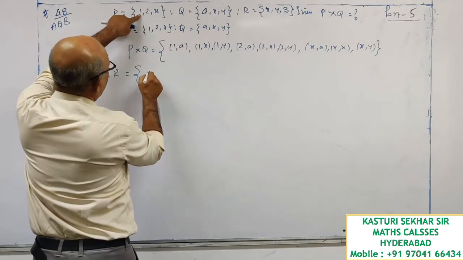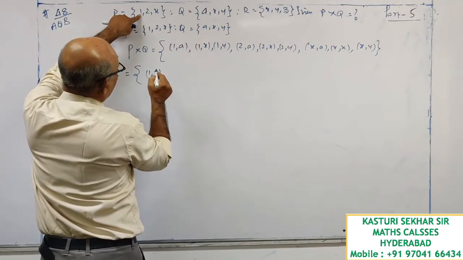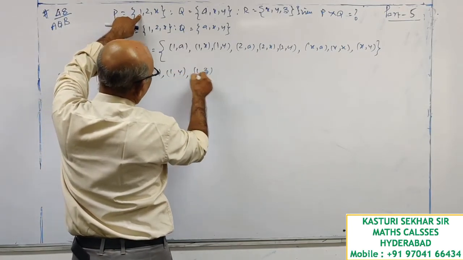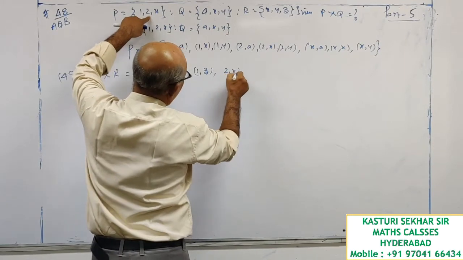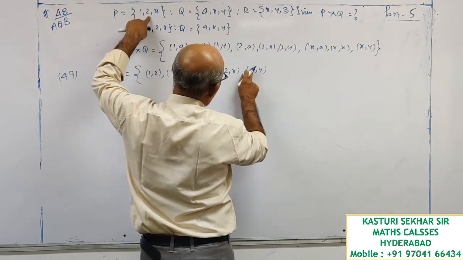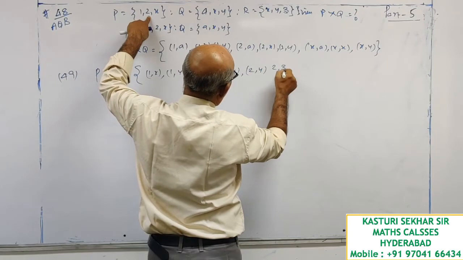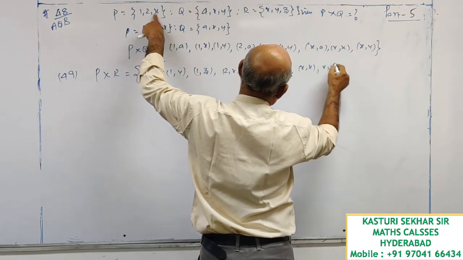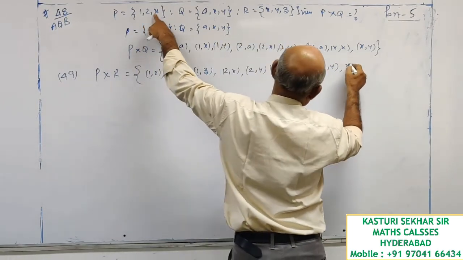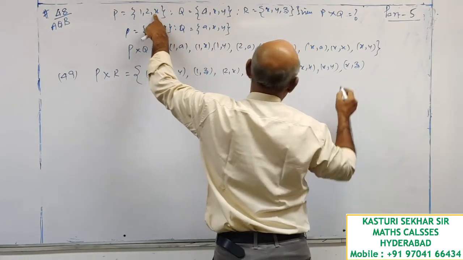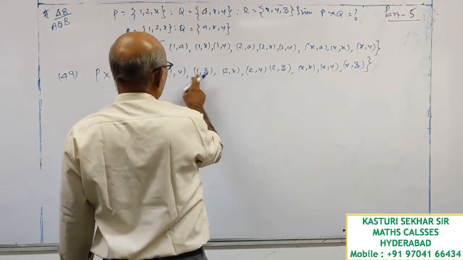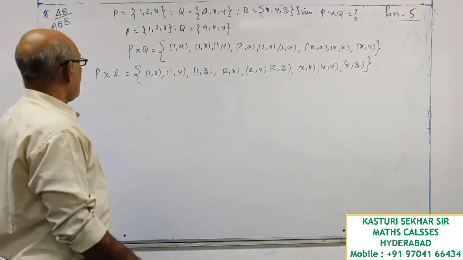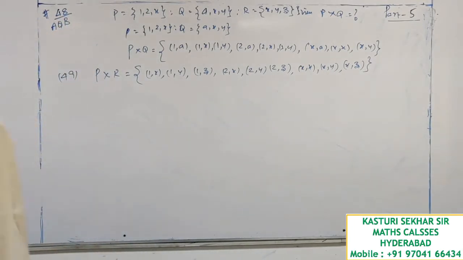The first element is from set P, the second element is from set R. 1 comma y, 1 comma z, 2 comma x, 2 comma y, 2 comma z, x comma x, x comma y, x comma z. 1, 2, 3, 4, 5, 6, 7, 8, 9. Then question number 50.